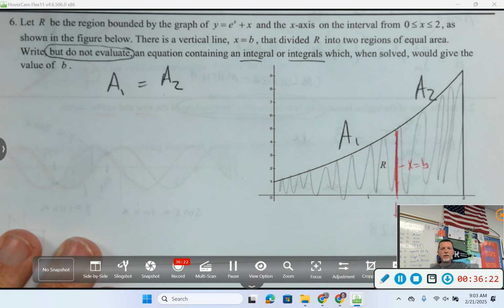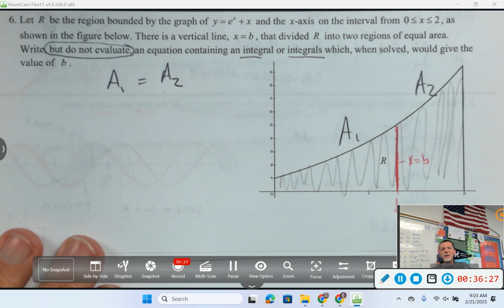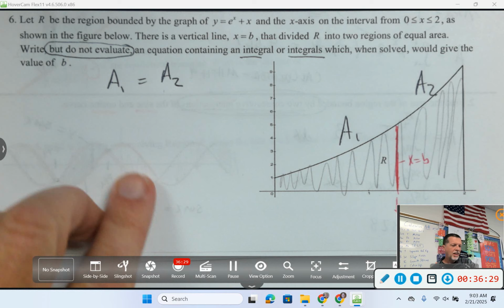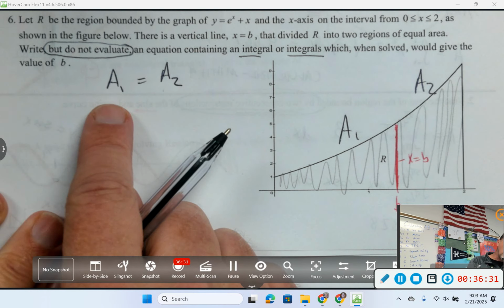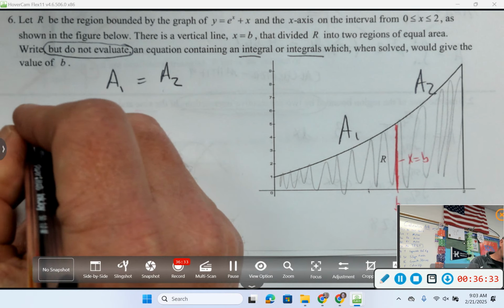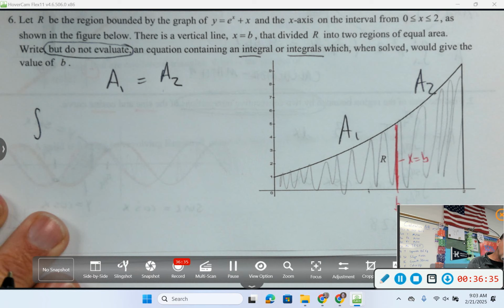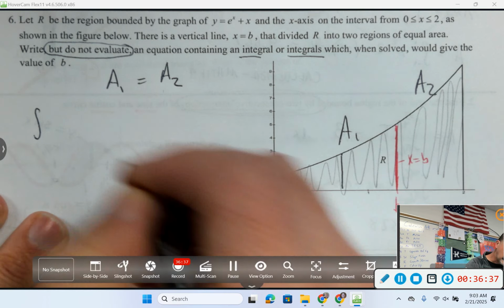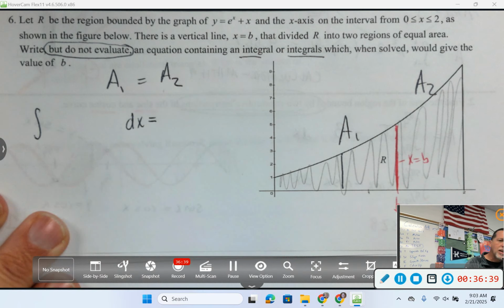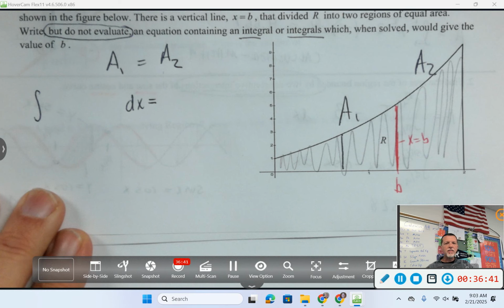A1 equals A2. That's a true enough equation for the problem, but I need some more information in there. I need an expression for A1. Well, that's the integral. It's dx. What are the limits for A1?